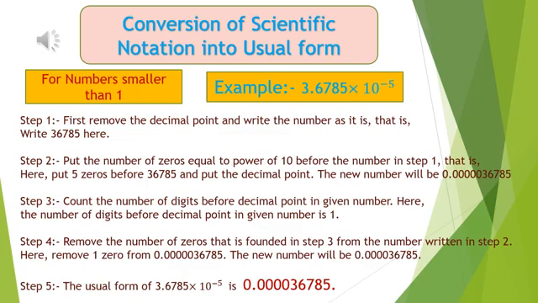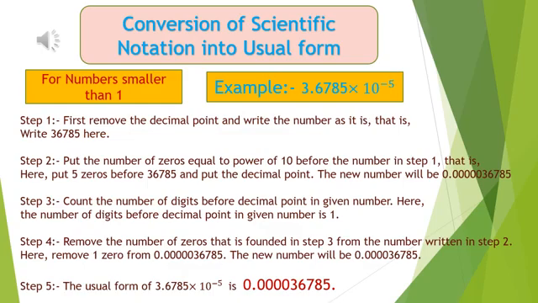Now, step number 4. Remove the number of zeros that is found in step number 3. How many digits did we find? Only one digit. So it means we will remove only one zero from the number given in step number 2. So we will remove only one zero before this number.